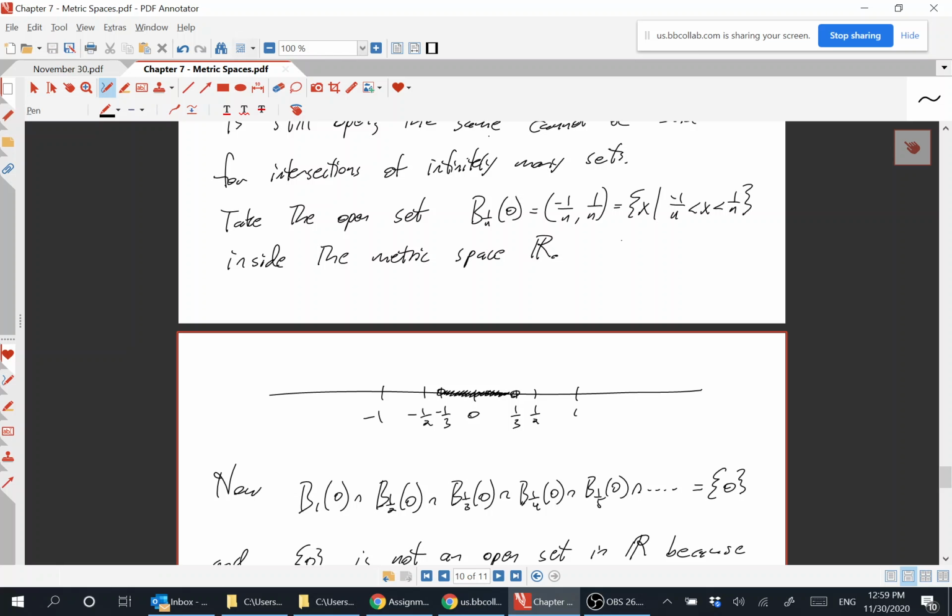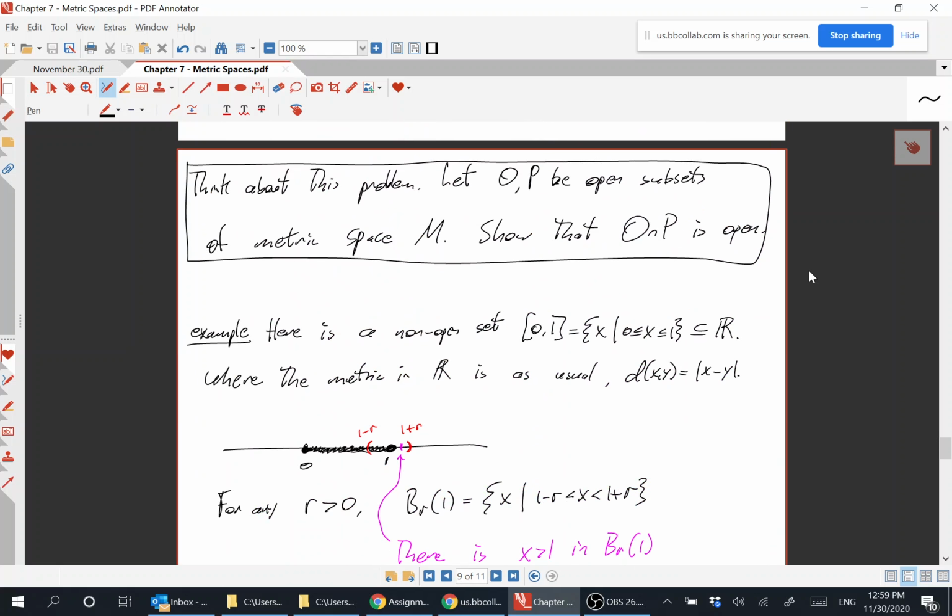But as far as finitely many open sets, yeah, you can do that. If you take the intersection of finitely many open sets, it stays open. But you really only have to show it for 2 sets, because once you show it for 2, you can take the intersection of the first 2, and then intersect with the third, intersect it with the fourth, and so on and so forth. Eventually, you get to the intersection of all of them.